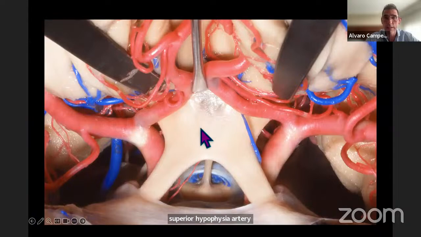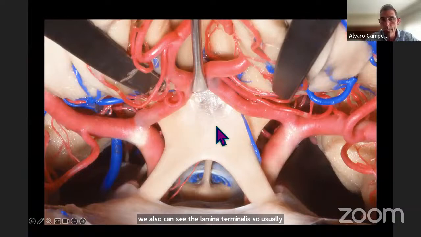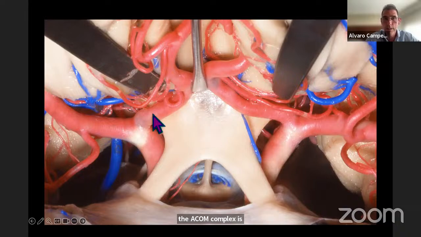Here we can see that if we mobilize the ACom artery posteriorly, we can also see the lamina terminalis. So usually the ACom complex is above the chiasm, and that is because the A1 is a little bit short and straight to that region.